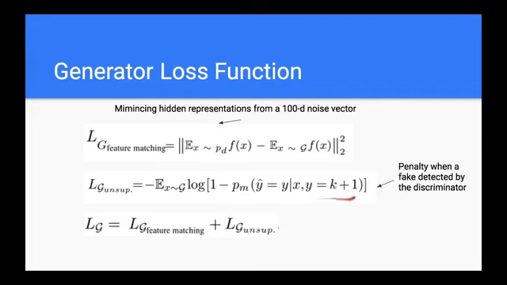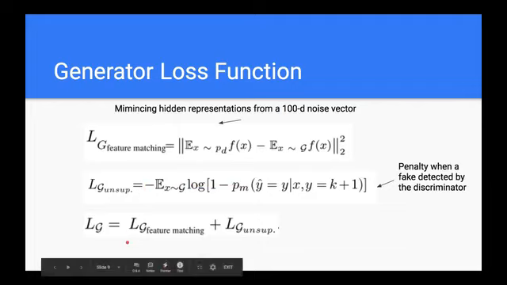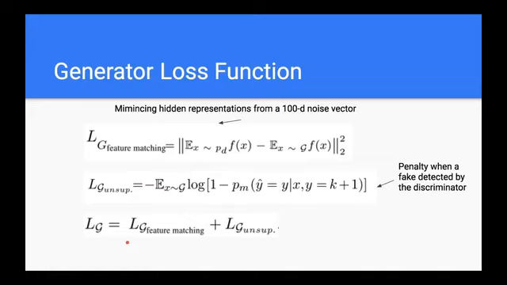You don't want this to happen, so you want to minimize the probability of a fake example being detected by the discriminator. So in the loss function, you have the negative sign here, and the real loss function just sums up these two terms, the feature matching term and the unsupervised term.